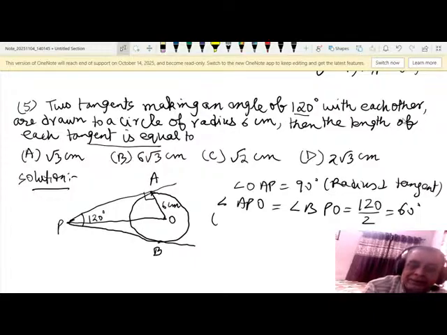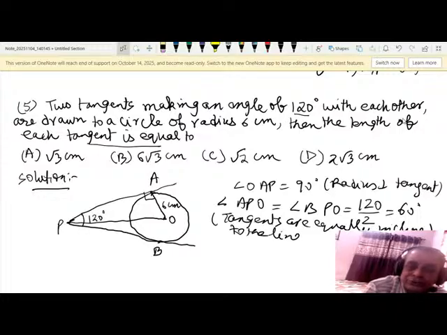Reason: the tangents are equally inclined to the line joining the center. So each of these angles is 60 degree. So this angle is 60, this angle is 60.